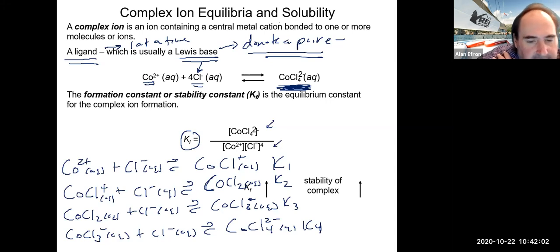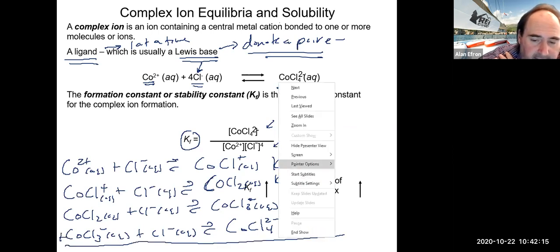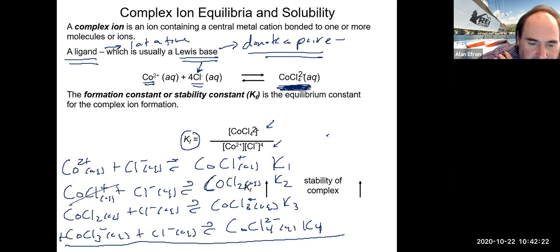So although we sometimes see the overall reaction that's occurring, ligands do come on in a stepwise fashion. And to get to that overall reaction, you essentially add together all those things. So we would add together all those guys and cancel out what's opposite. So this guy would cancel. This guy would cancel. This guy would cancel.